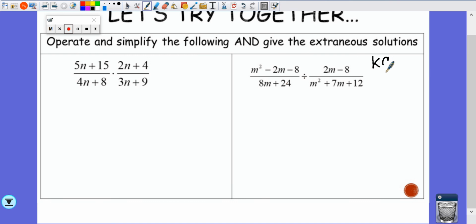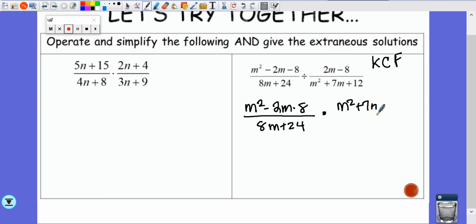So anytime you're dividing rational expressions, we're going to keep the first one. Keep, change, flip.